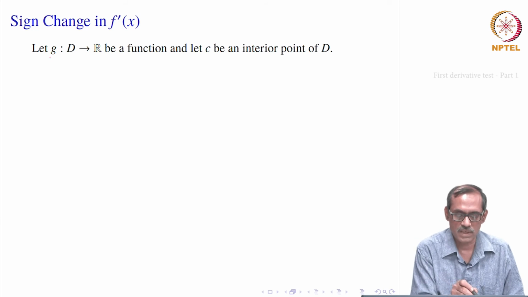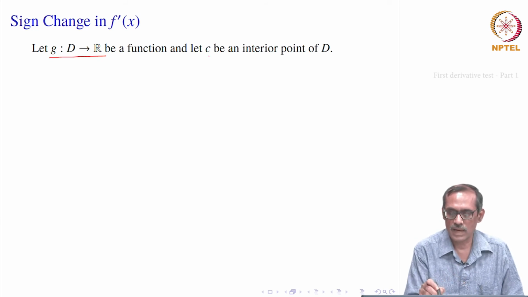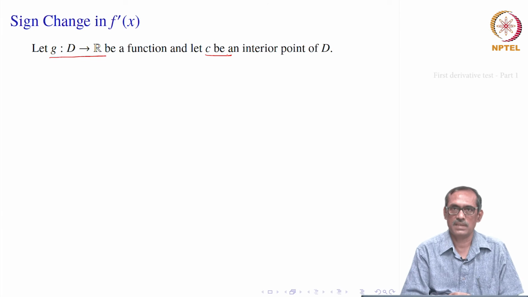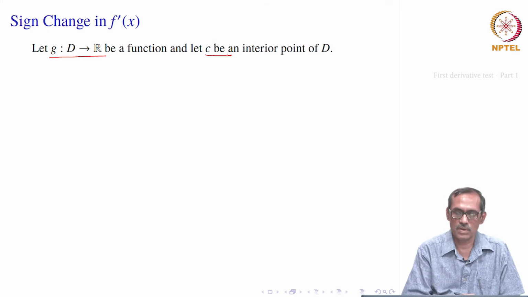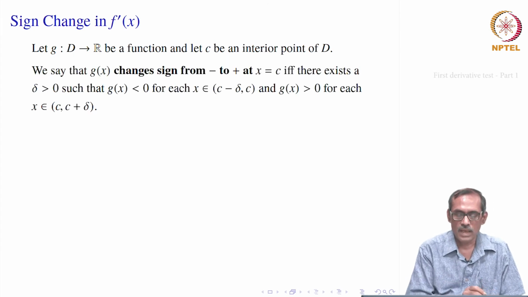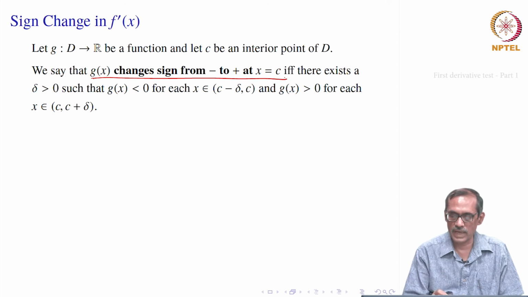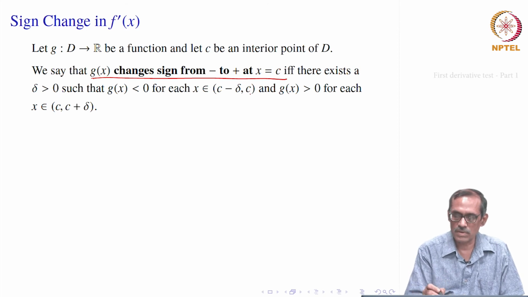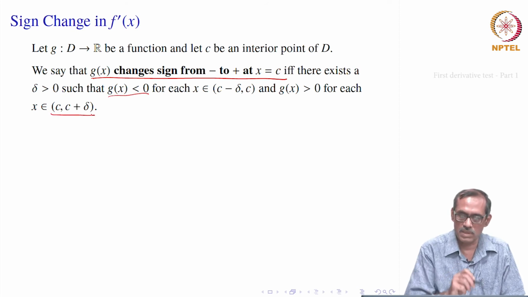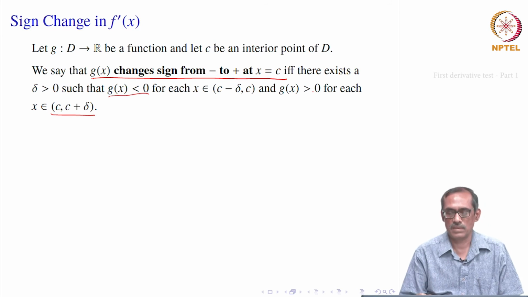Suppose we have a function g from D to R and let c be an interior point of D. At the interior points only we are going to consider the critical points. We say that g x changes sign from minus to plus at x equal to c if there is a neighborhood of c in which, in the left neighborhood c minus delta to c, g x is less than 0, and in the right neighborhood c to c plus delta, g x is greater than 0.